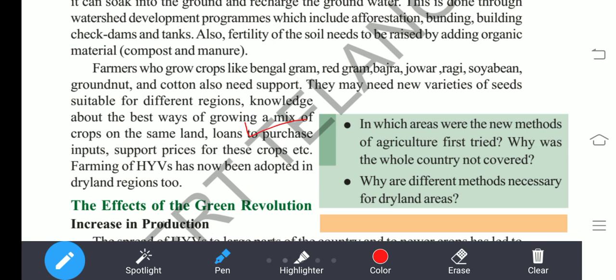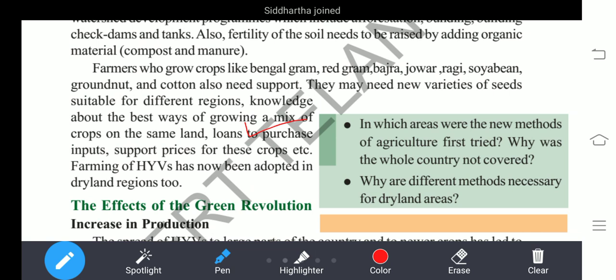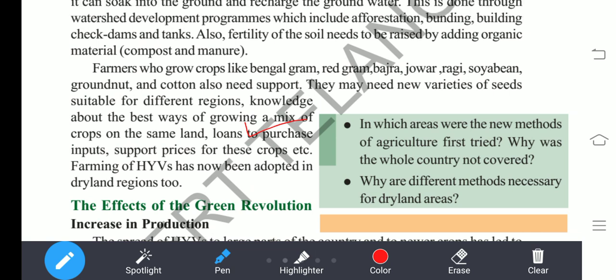And whatever crop they cultivate, that crop should be provided a supporting price, the minimum support price. What is minimum support price? It is a price which covers the expenditure made by the farmer with normal profit. Understand? That is called minimum support price, which should be given to these farmers.